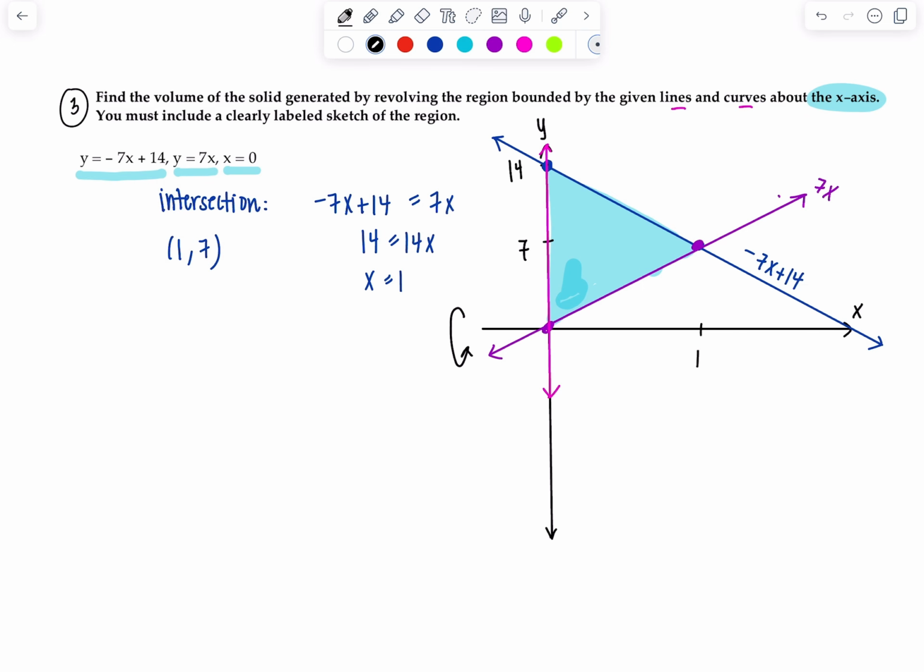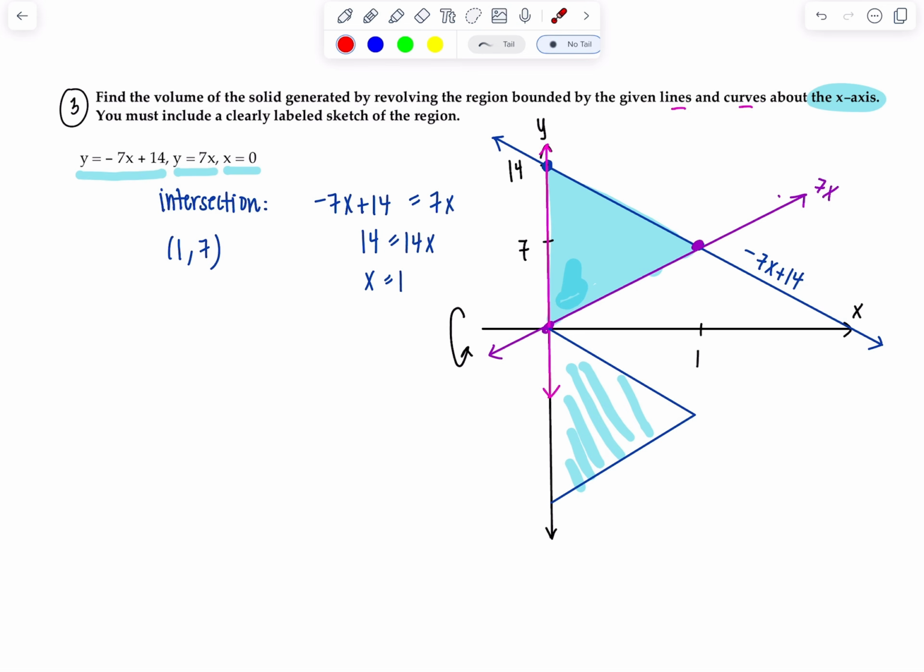Okay, great. So let me just kind of gently reflect what's going on. We have something looking like this. And then I'm going to slice perpendicular to the axis of revolution. So if I slice perpendicular, the slices are going this way.